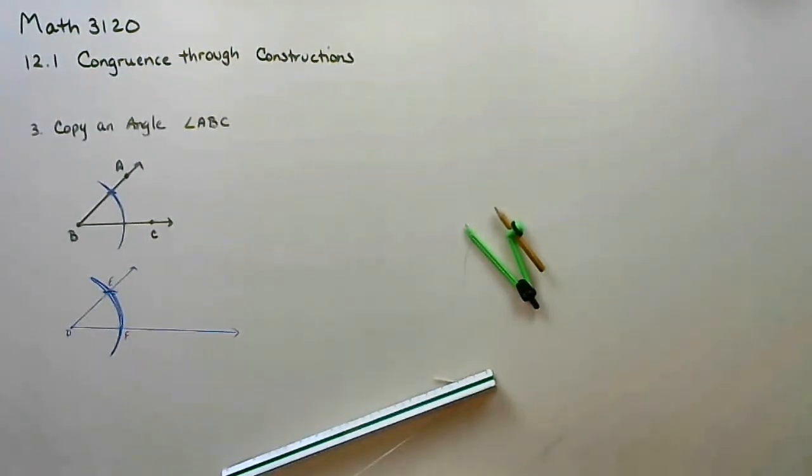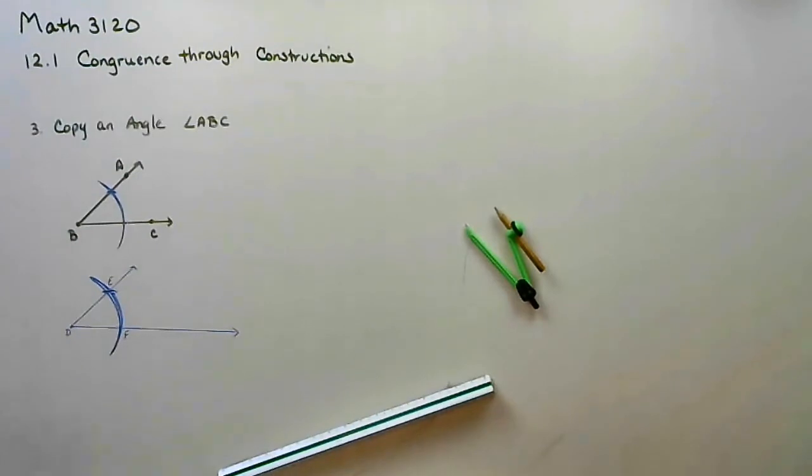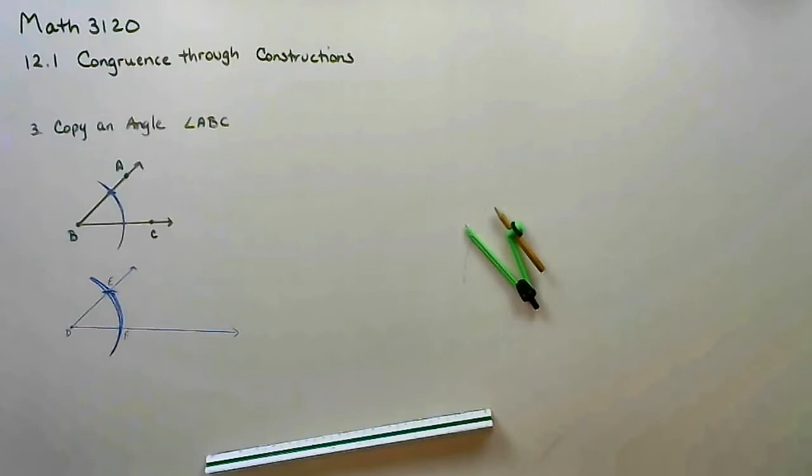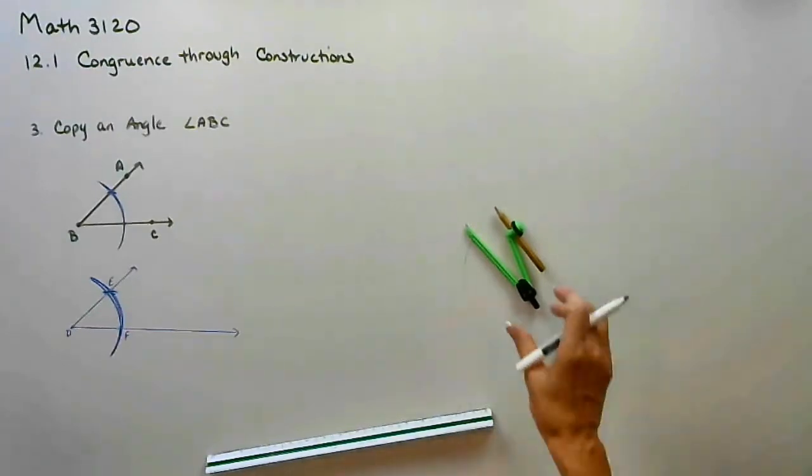So what I want to leave you with is that I wanted to copy the angle. And now I wanted to also bisect that angle. And then we'll practice, and we'll practice on the lab.